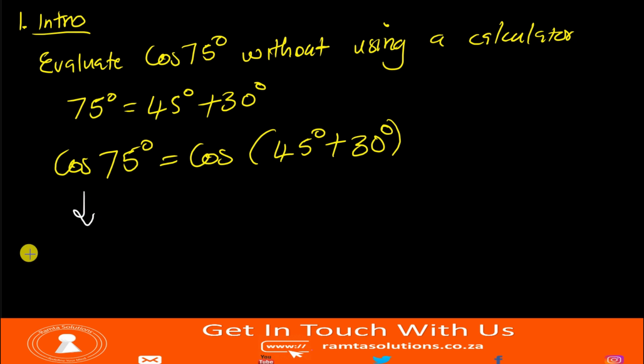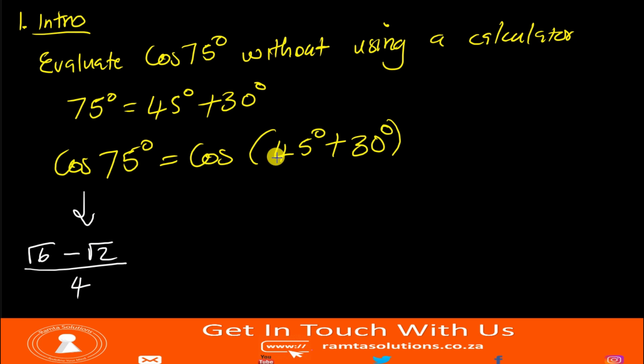Your calculator gives you root 6 minus root 2 all over 4. So now you will be able to get this value by using compound angles.